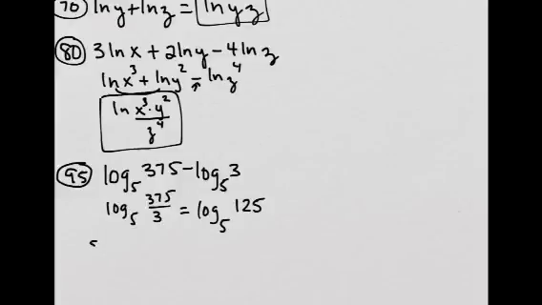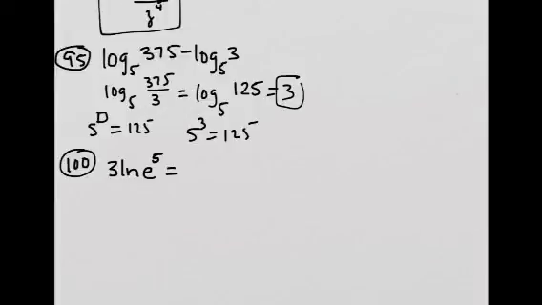This means 5 to what power gives me 125. So whenever you're finding the value of a log, you're actually looking for the value of the exponent. The exponent of the base that would give you this as an answer. Okay, so then this is going to be 3, because 5 to the third is 125. So the answer to this log is 3.